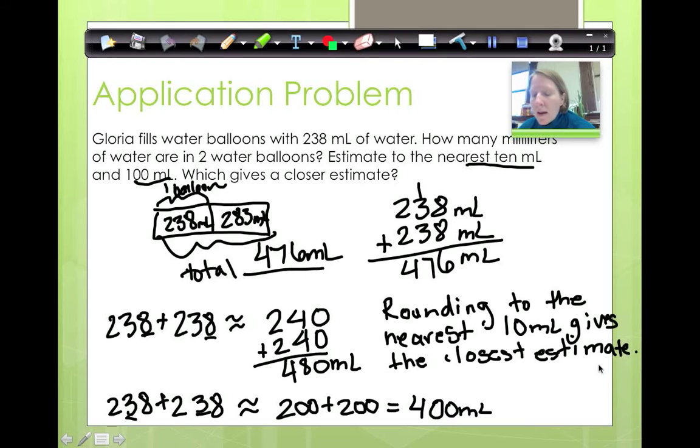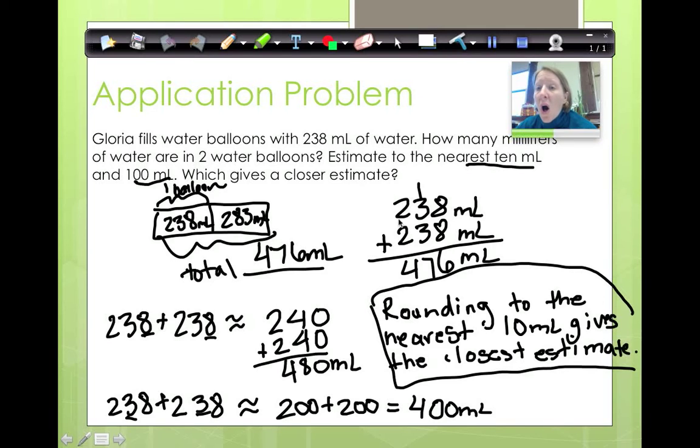Now, this is our answer. This is what they wanted to know, wasn't it? Right here is our answer. All of this is our explanation. All of this is us showing that this answer is true, and this is our answer that we believe is true.